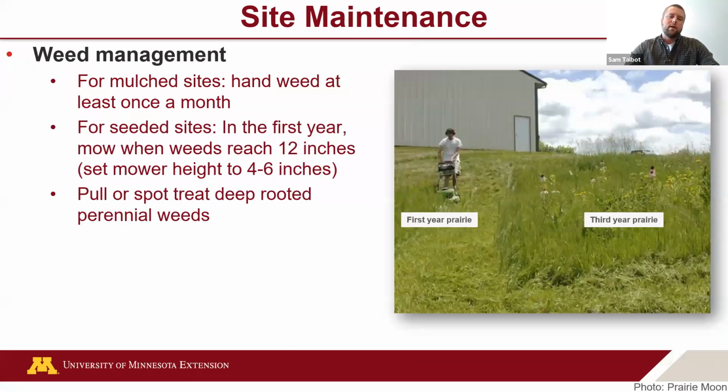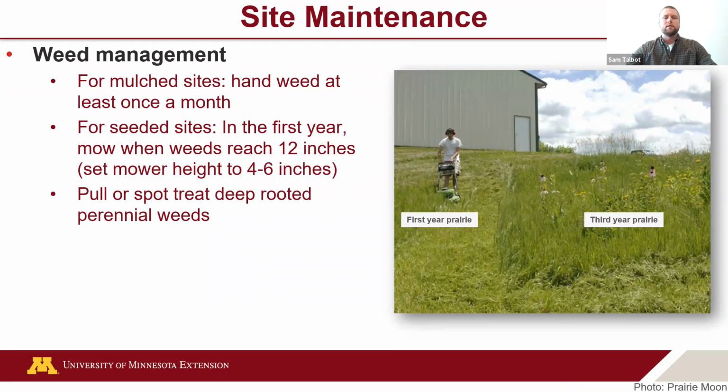For seeded sites, it can help to mow when the weeds reach 12 inches. So especially for annual weeds. So you won't be hurting the seedlings because they're going to be putting down those deep roots. But you still want to set your mower height pretty high, 4 to 6 inches.